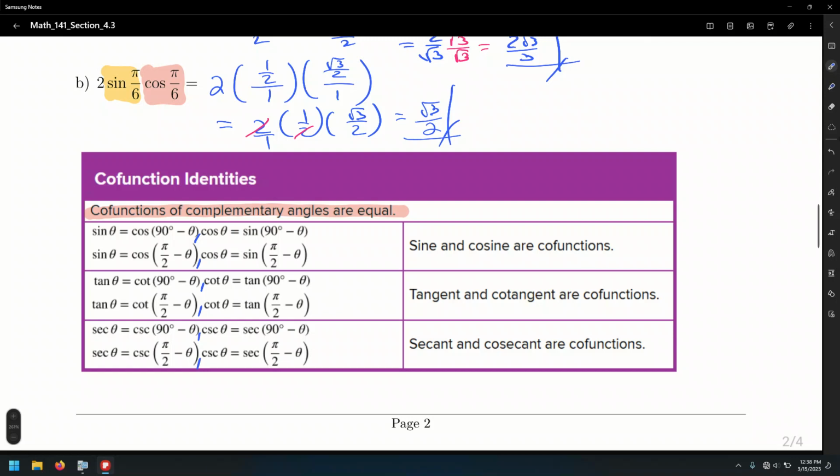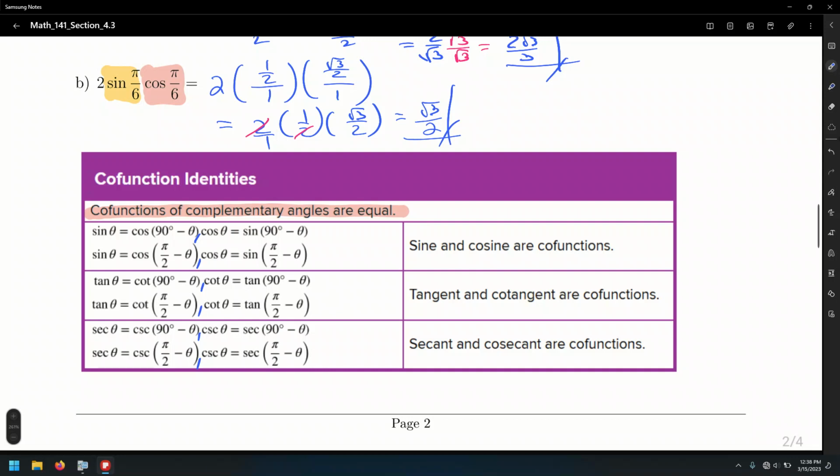So what you're trying to say is that sine of theta equals cosine of 90 degrees minus theta. Well, how is that related to complementaries and co-functions? Think about complementary angles. Remember how complementary angles are 2 or more angles whose addition equals 90 degrees, just like supplementary angles are 2 or more angles whose addition is 180 degrees.